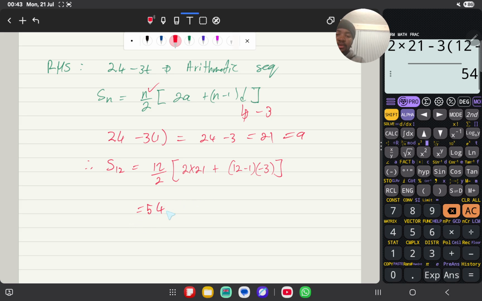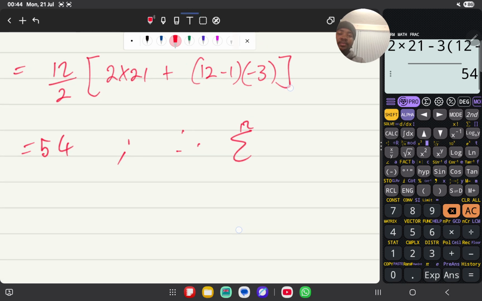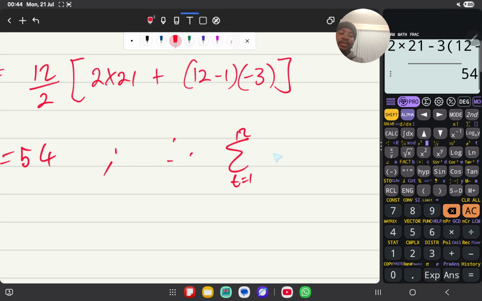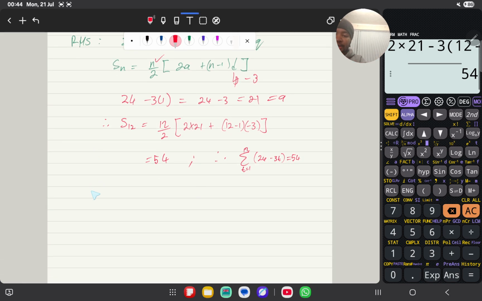So therefore that sum of 24 minus 3t from t equals 1 to 12 equals 54. You see? And then we can say we have left hand side equals right hand side.